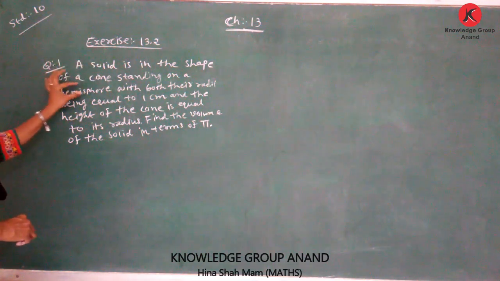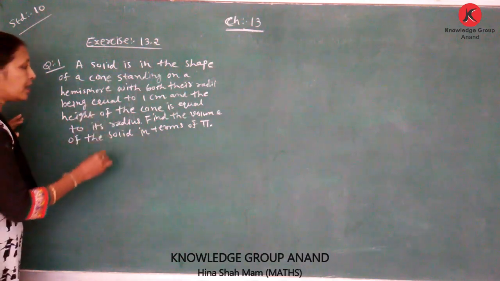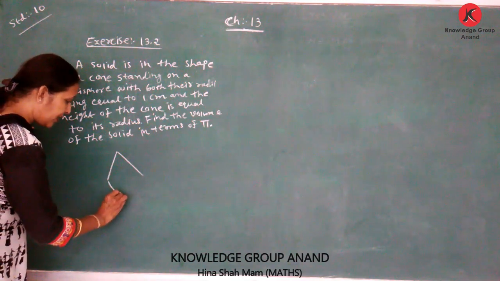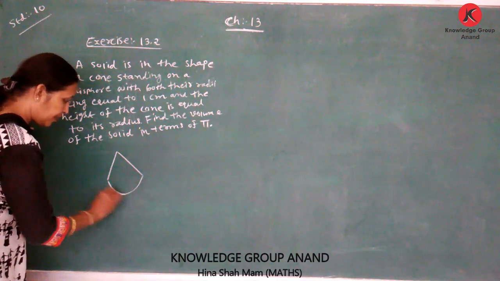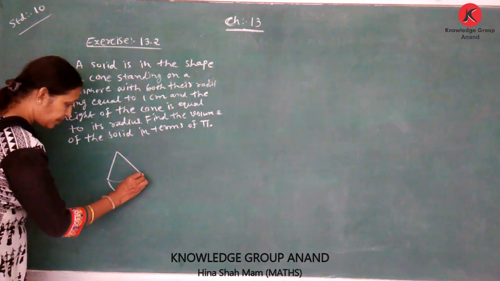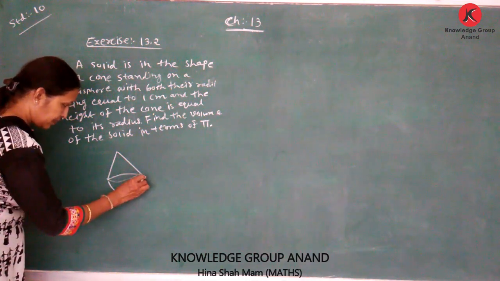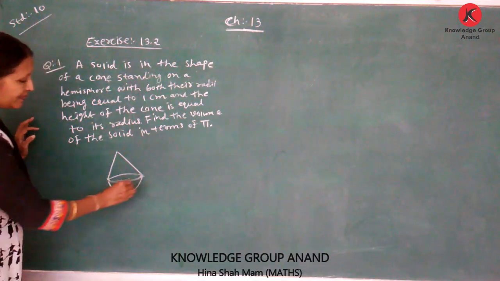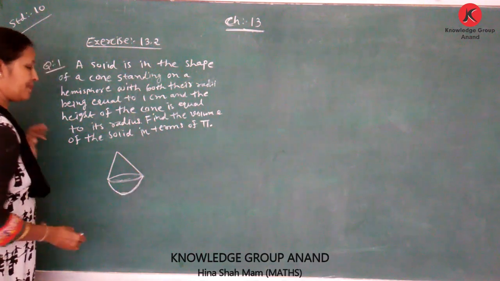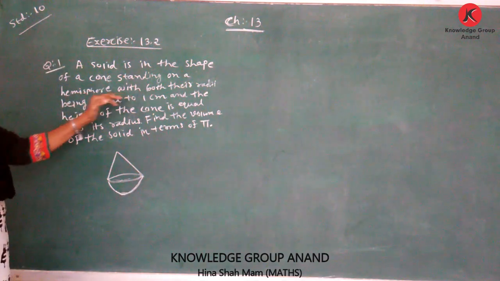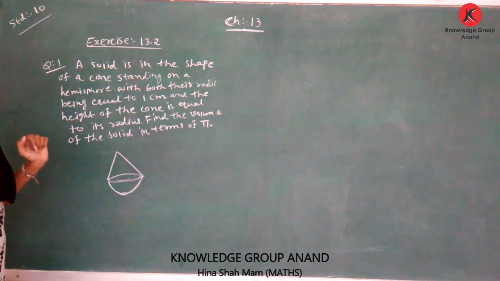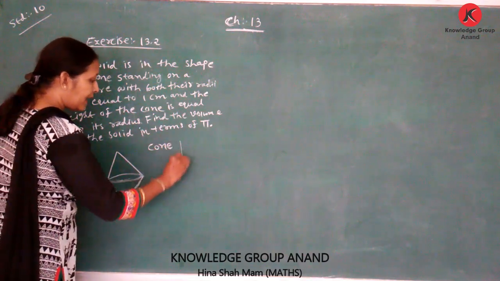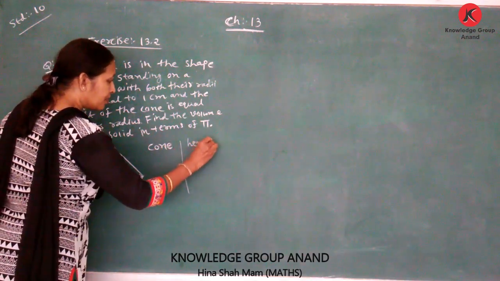A solid is in the shape of a cone standing on a hemisphere. Then we write, suppose it is a solid and it's standing on a hemisphere. My drawing is also poor. With both their radii being equal to 1 centimeter. Here for shape, which are they? Cone and hemisphere.